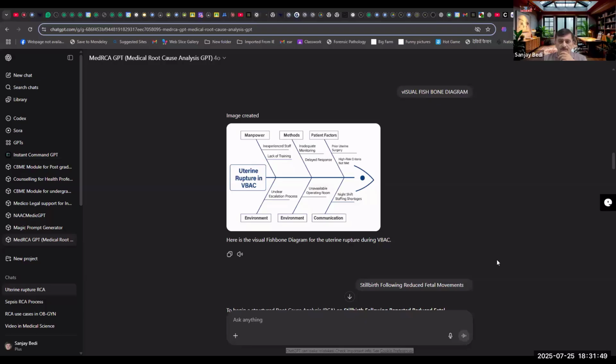Manpower, methods, patient factors. I had created one for uterine rupture: the environment, unclear escalation process, communication. So all the points are there. And you can use a fishbone diagram for analyzing any problem.